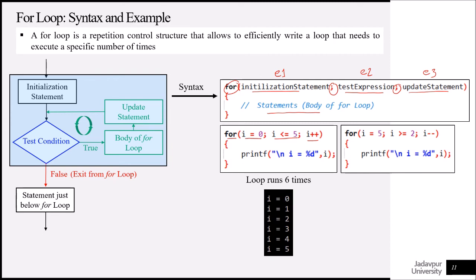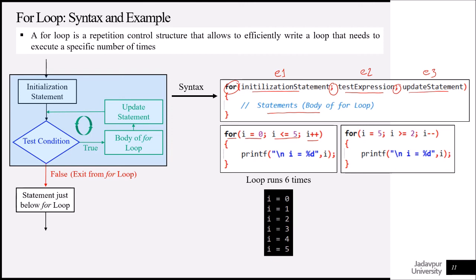A test condition that is being checked is i greater than or equal to 2. And the update statement here is in fact a decrement statement that continuously brings down the value of i. Within the body of the for loop, there is the same printf statement that prints the value of i as i equal to the integer value.